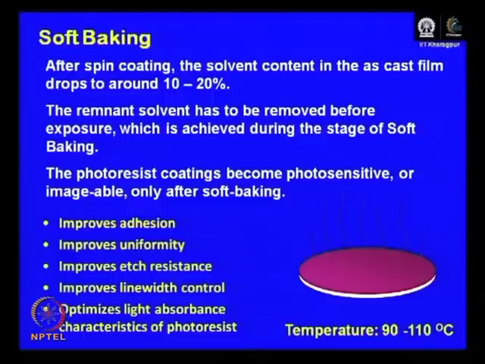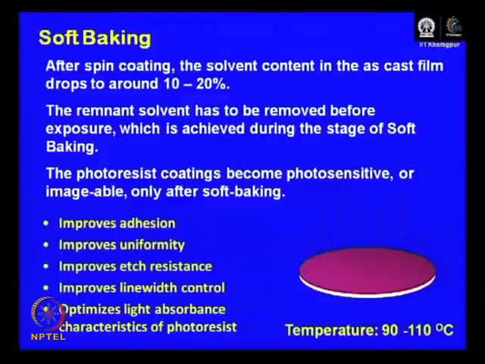So it is desired that the remnant solvent is removed, and this is achieved in the stage of soft baking. Soft baking is essentially placing your photoresist coated wafer at a temperature between, let us say, 90 to 110 degrees centigrade, which ensures that pretty much the entire amount of solvent is gone and your photoresist coating becomes photosensitive.